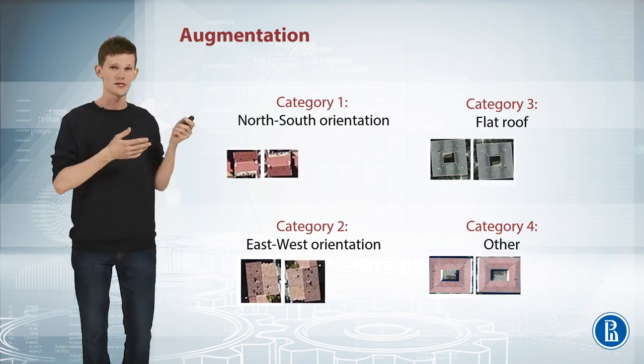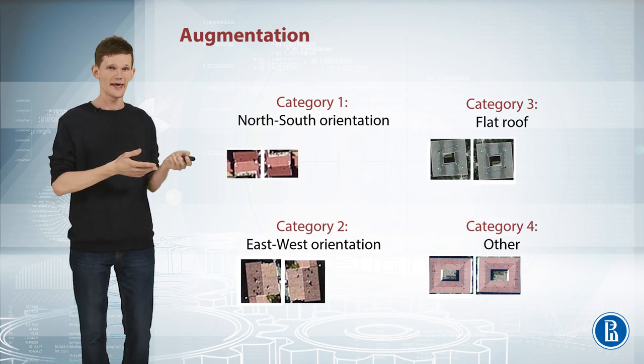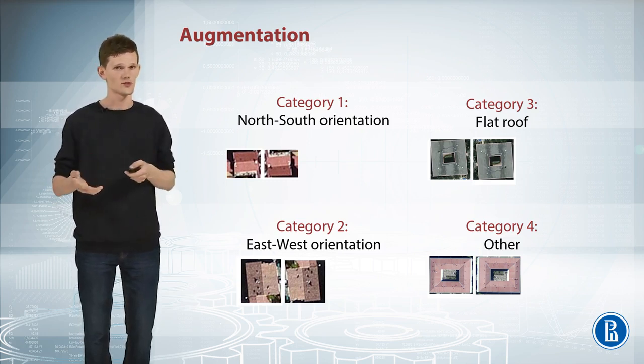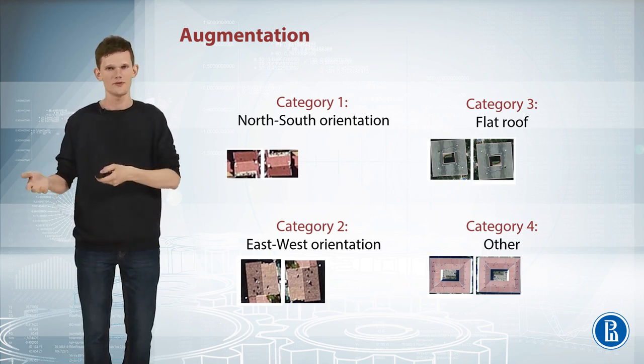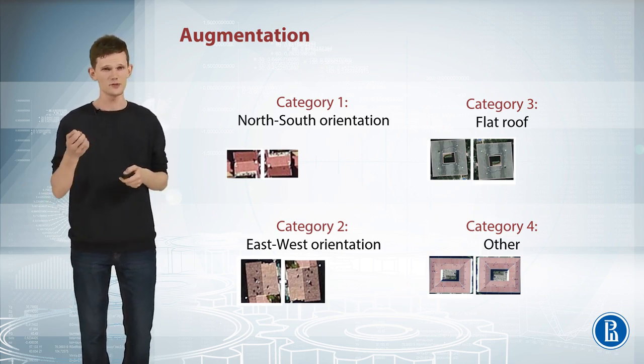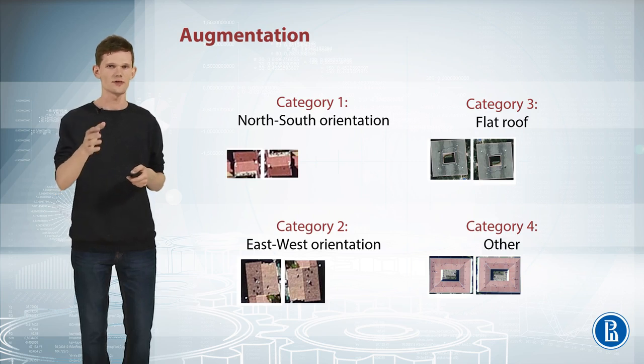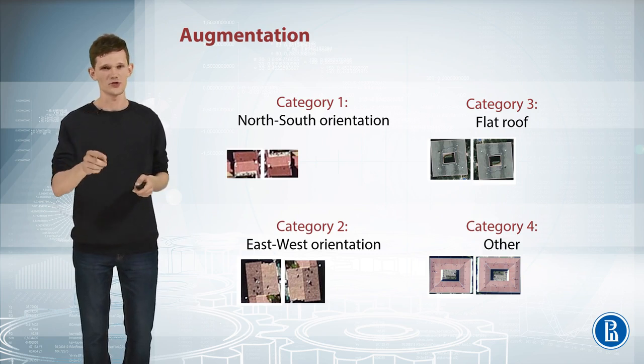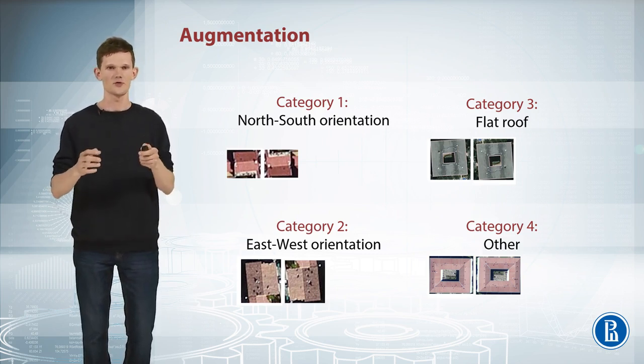Note that after such rotation, an image of class 1 again belongs to this class, because the roof on the new image also has north-south orientation. Easy to see that the same is true for other classes. Great! After doing just one rotation, we already increased the amount of our training data twice.